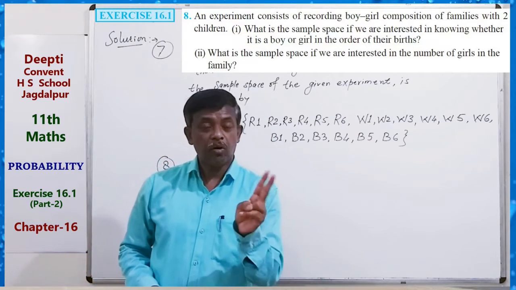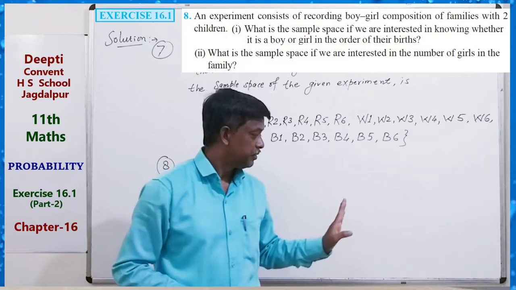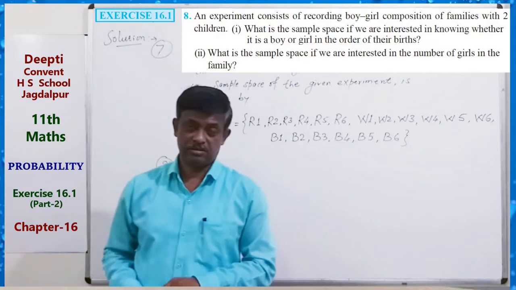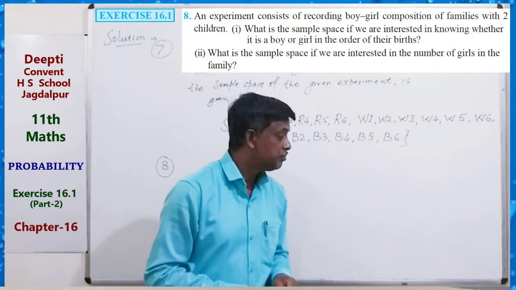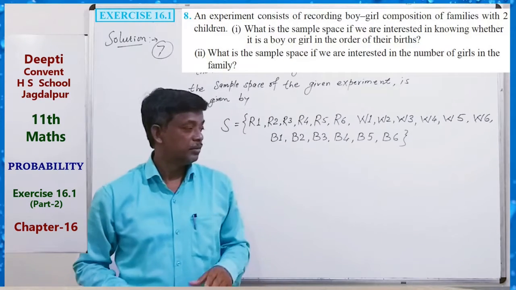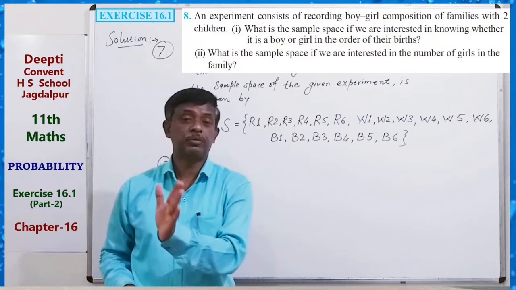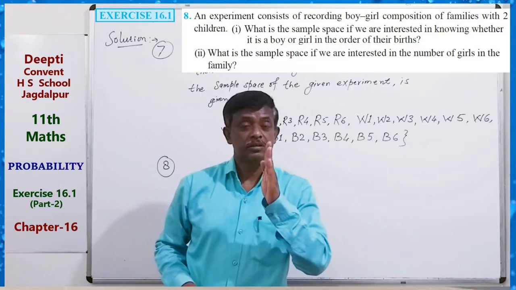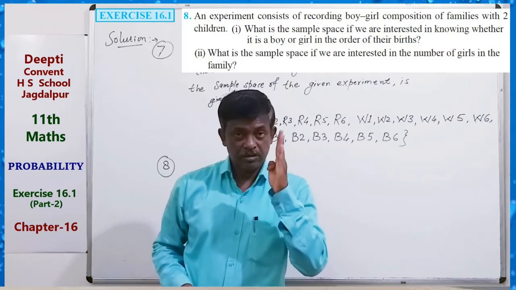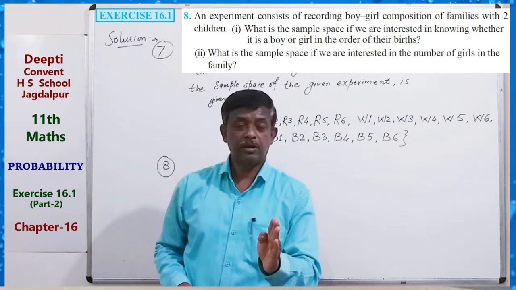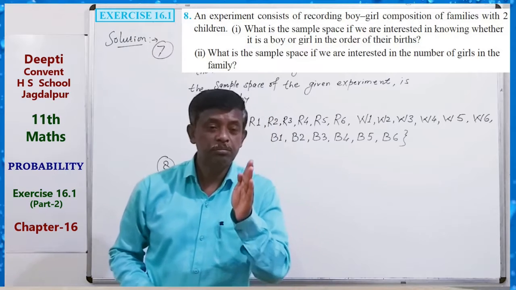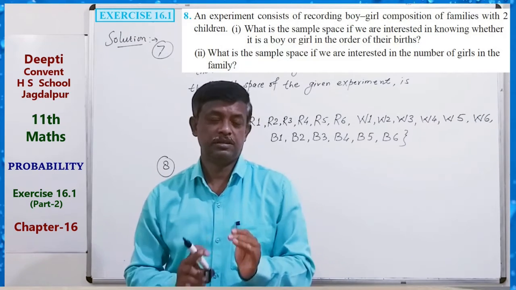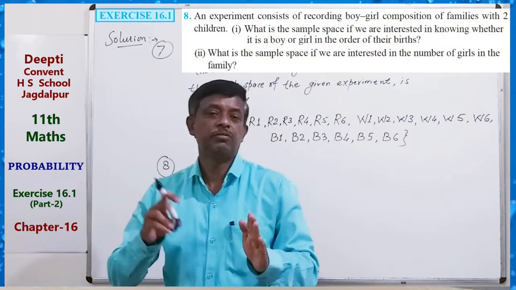And by order of their birth, we are interested to know the order of their birth. That is, if the first birth is a boy, then we write B and then G. B for boy, G for girl.